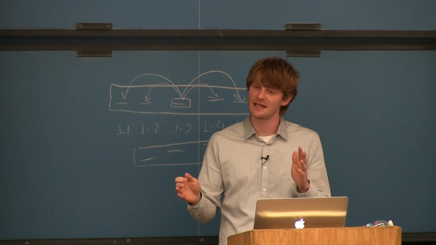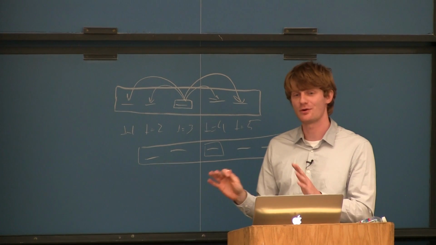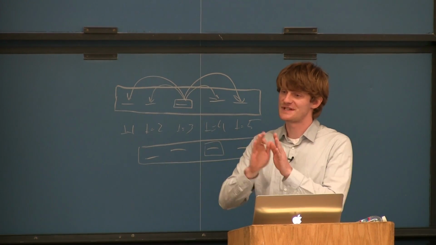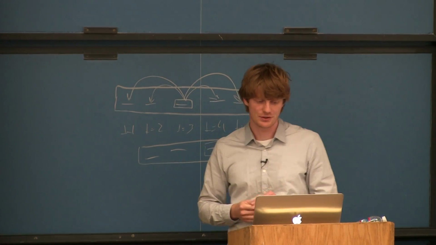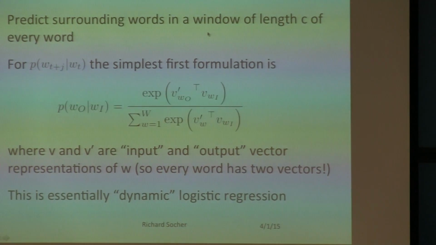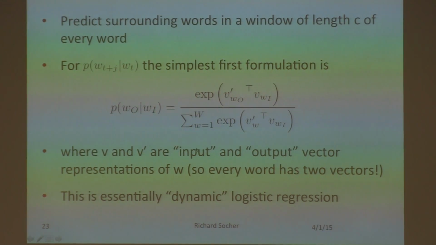And this is basically a hack. You could actually get away with having the same vectors there. Turns out it works better if you separate them out. It's a much easier objective function to optimize. So we have 2 sets of vectors for every single word, and we're trying to optimize this function here.